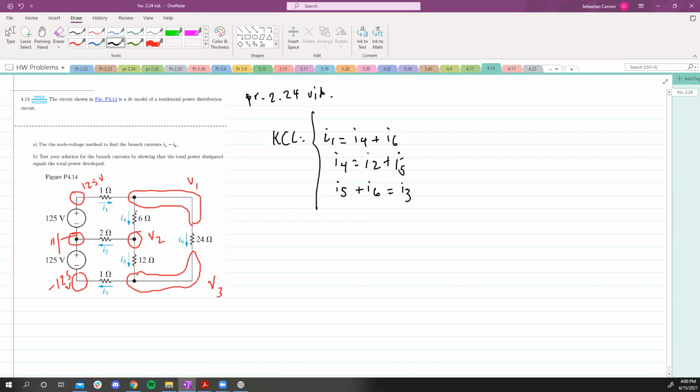So we have 6 variables for current, and then we have 2 variables for voltage. So in total, we should have 8 equations. Right, so I'm gonna go ahead and write the EFC. So let's start with I1. I1 should be 125 minus V1 over 1, right?